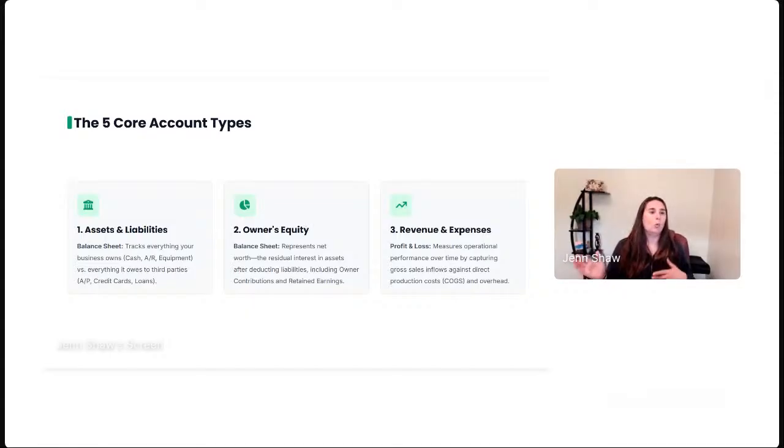Okay, so what are the basic accounts in which you're going to input things? This is going to be your assets and liabilities. This is your balance sheet area. So think of cash, your current assets. Perhaps you have equipment and loans, your credit cards. Those are going to be your liabilities.